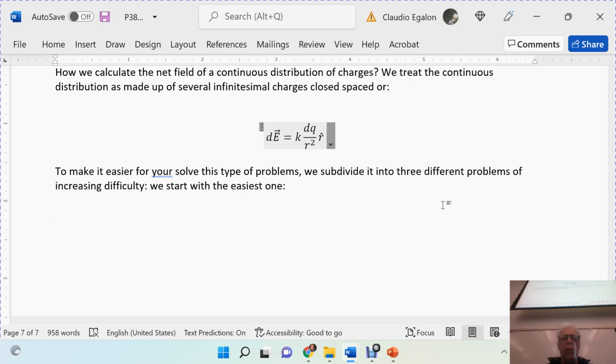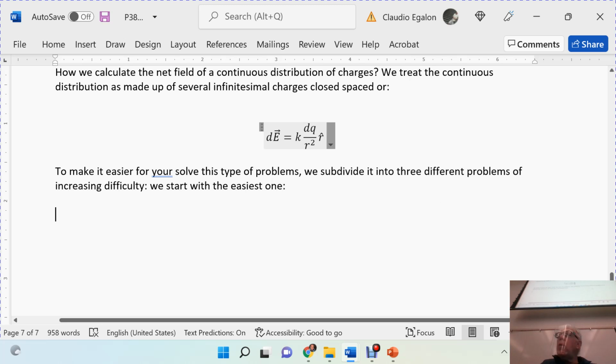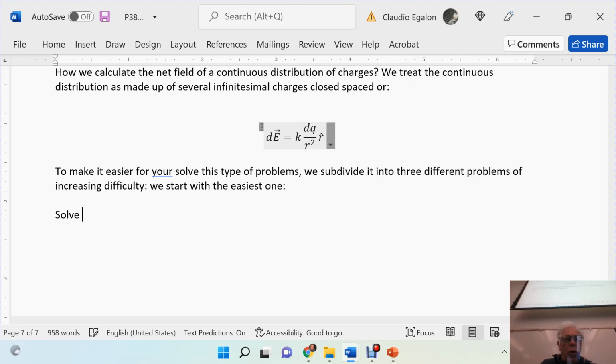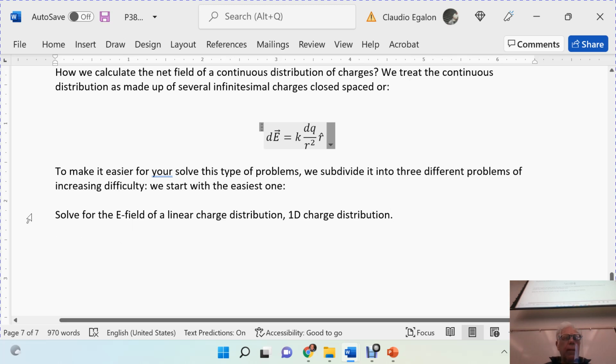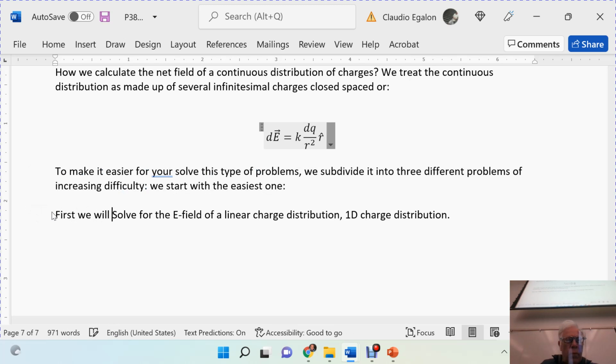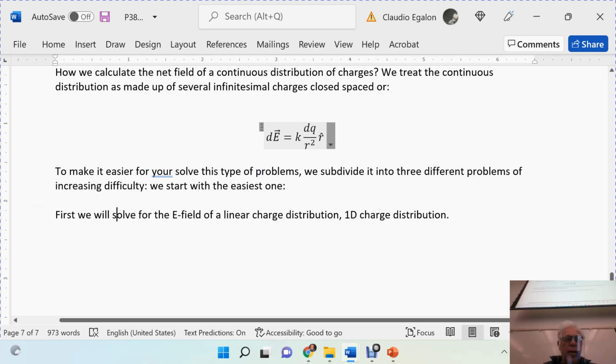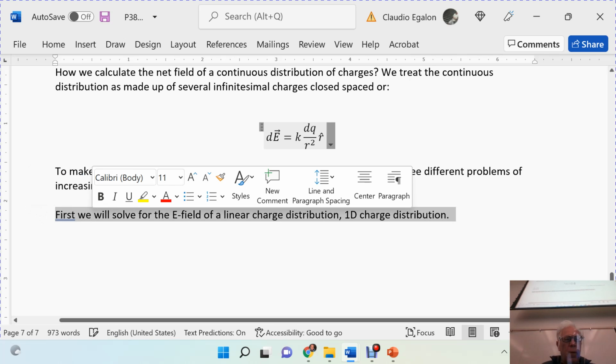First, we solve for the field of a linear charge distribution, a 1D charge distribution. Now you should know what comes next, right?